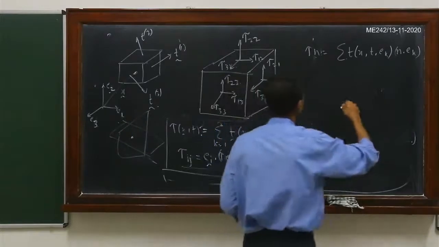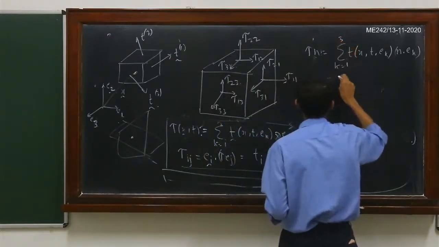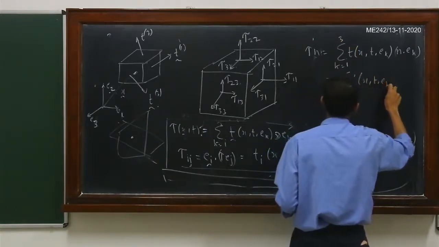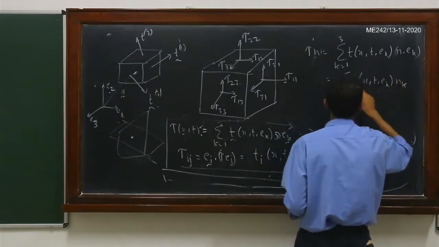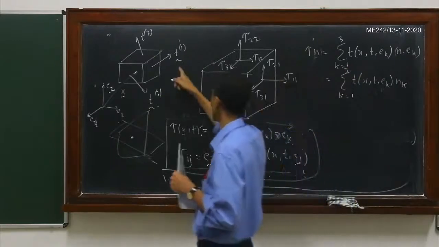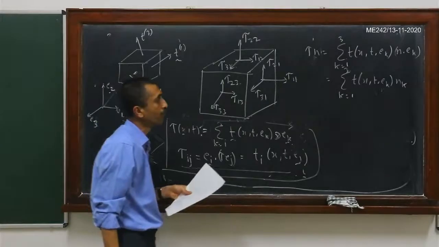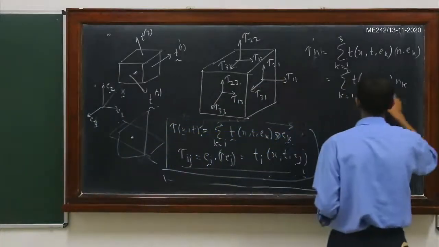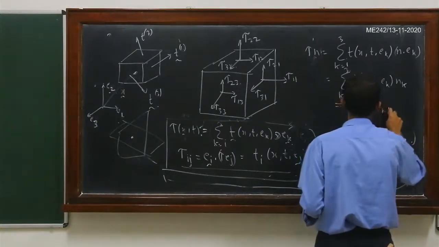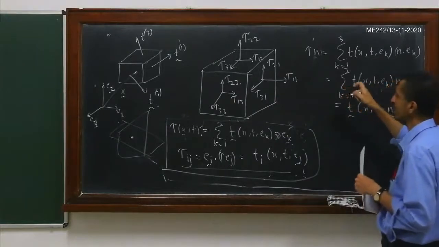So this is k equal to 1 to 3, and so what you will get is t of x, t, e k times n k, with k equal to 1 to 3, and we had just shown in the previous part of this proof that this is nothing but the traction vector itself. So this is nothing but t of x, t, n acting on that particular surface. So what we have shown is that tau times n.